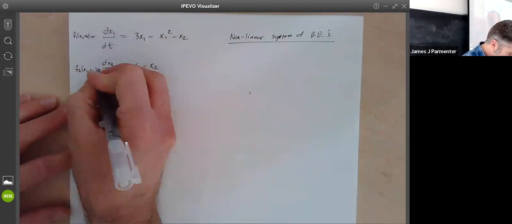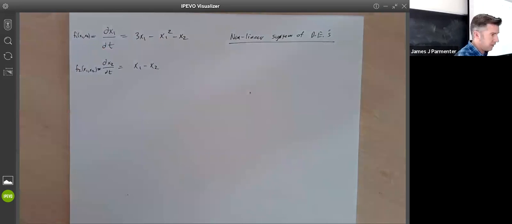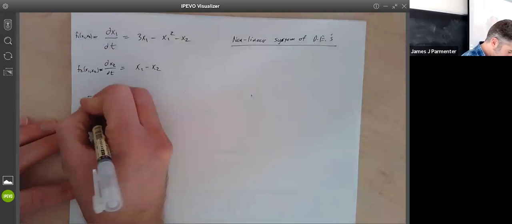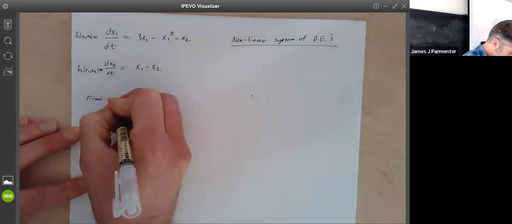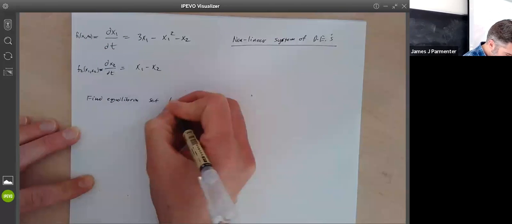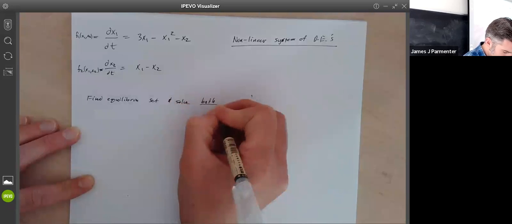You'll see other people maybe call them f and g instead of f1 and f2, but either way, fine. So to find equilibria, we're going to set and solve both of them equal to 0 simultaneously.